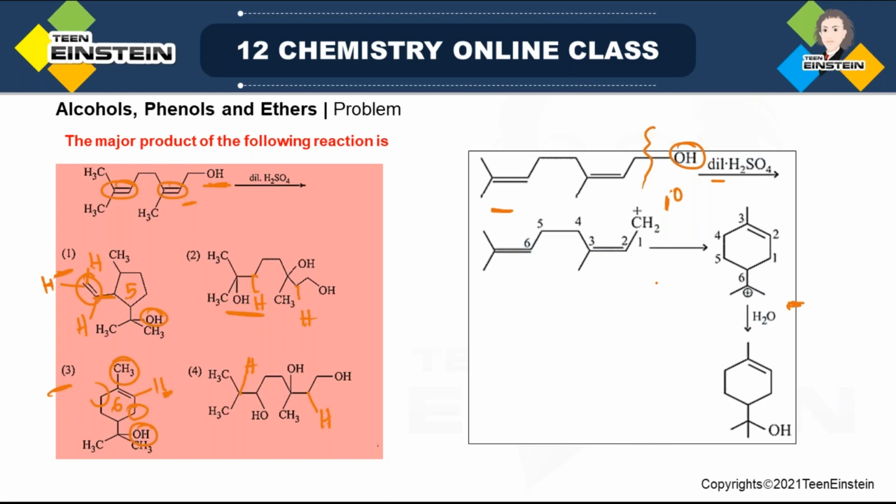But if you are having trouble understanding how you are getting this, and that is very common, it is really difficult to write directly from this type of linear open chain structure to the ring structure. So what you can do is write the same structure of the carbocation, which is, see, this is one carbon, then 2, 3, 4, 5, 6.